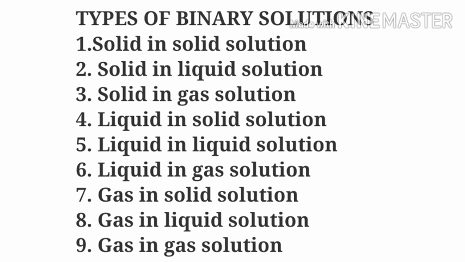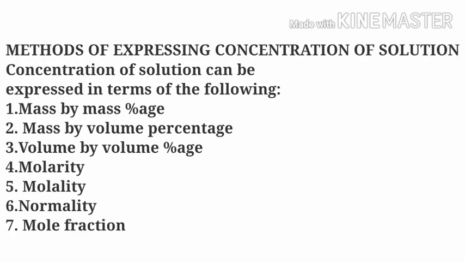Students, before moving to other things from this chapter, we should have a clear idea about a particular topic, that is how to express the concentration of a solution. You may know about concentration from previous classes, because concentration is nothing but the amount of solute present in a given amount of solution.